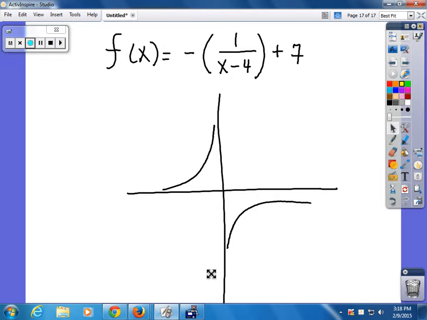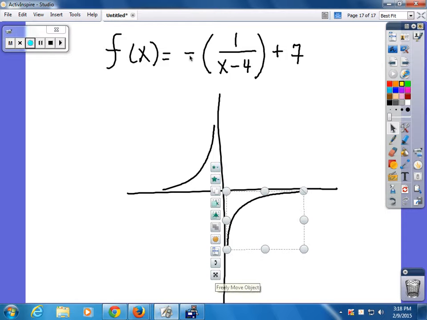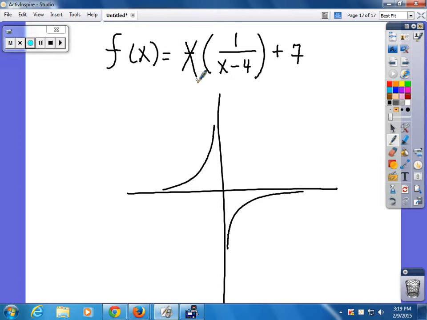So now we've just turned it around. So that's done. And now this 4 tells us we're going to move it which way? 4 to the right. And of course, it's not going to let us.